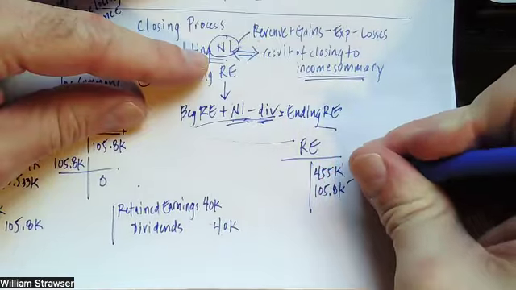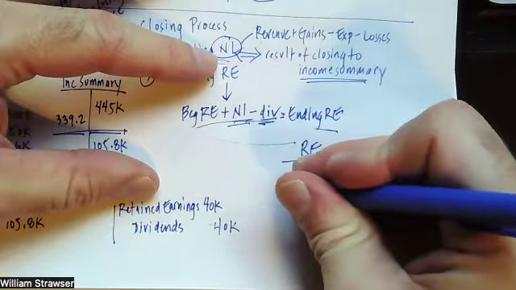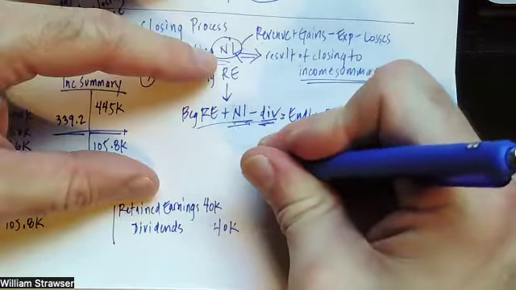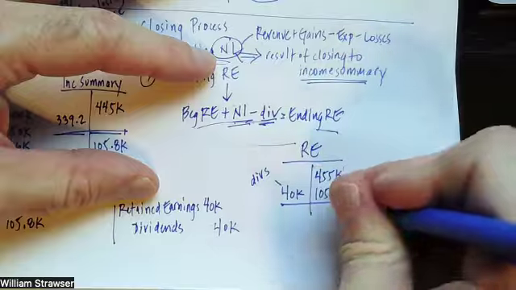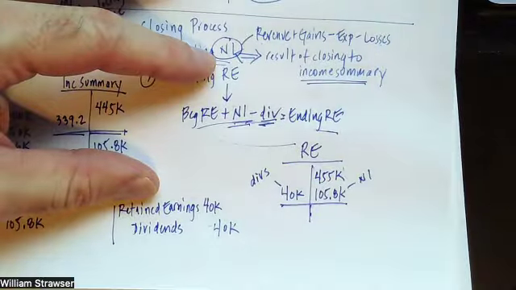This is my net income being credited, and I'm debiting retained earnings by 40,000. This is, of course, my dividends. And now I can see where retained earnings ends up when the dust settles.